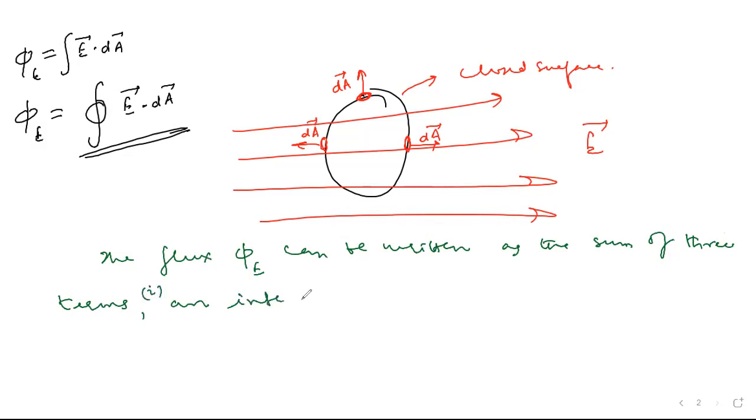First part is an integral over A. What is A? The left cylinder cap. Second is B. What is B?